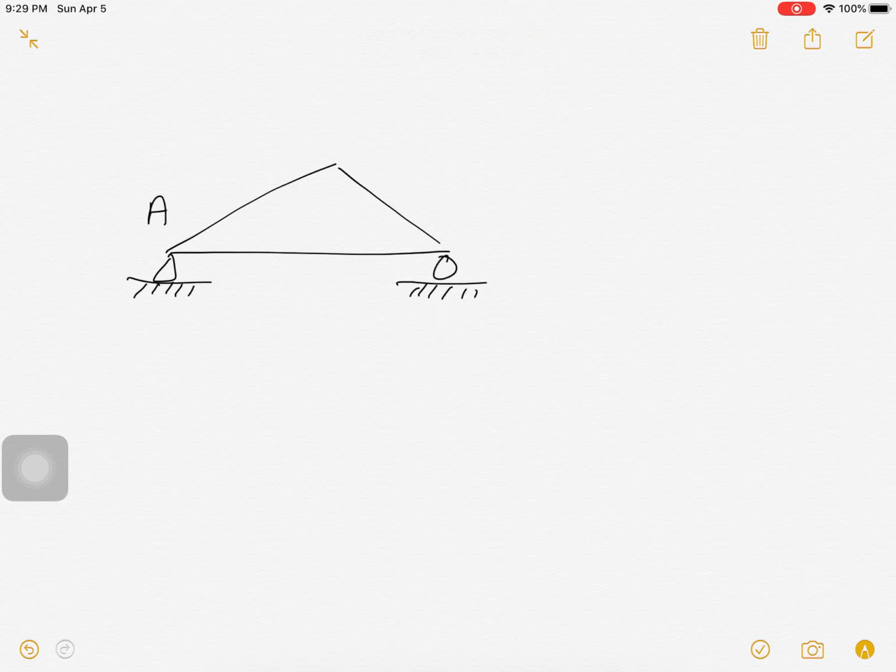So let's say we have a structure here. We'll make this a relatively simple structure, just a triangle. We'll put a pin on one side and a roller on the other side. We're going to label these points: point A, point B, and point C. And let's go ahead and put a downward force on B of 100 newtons.